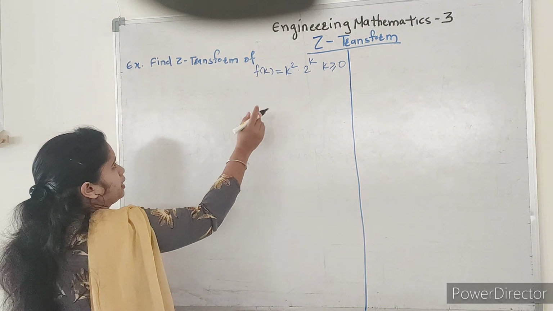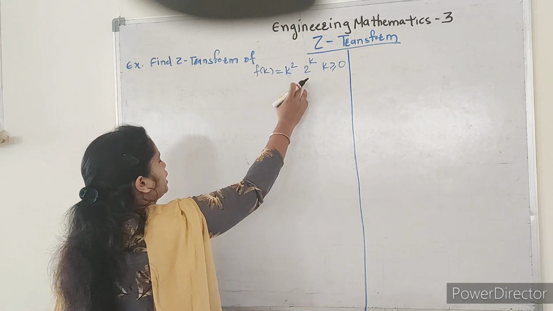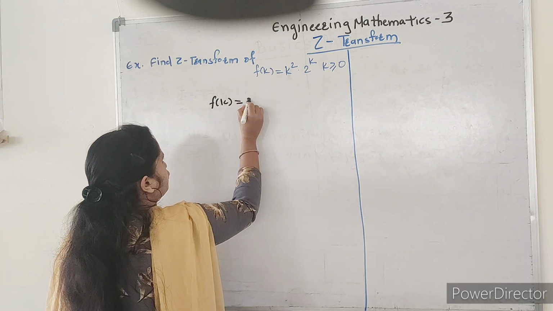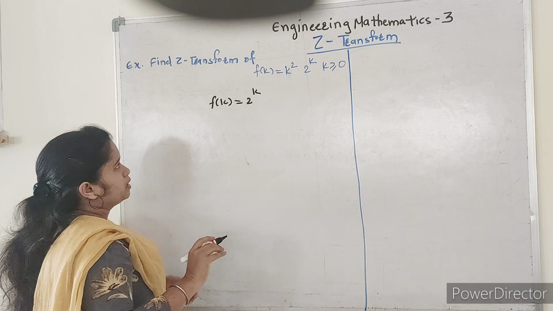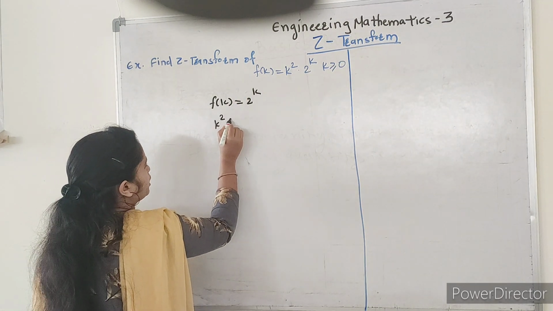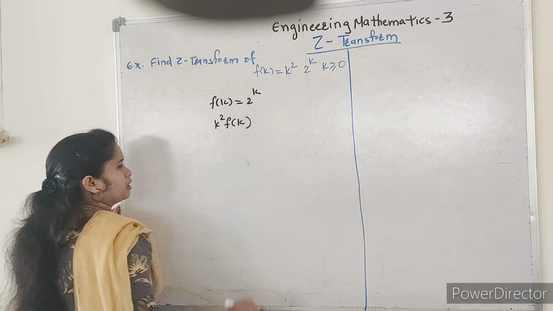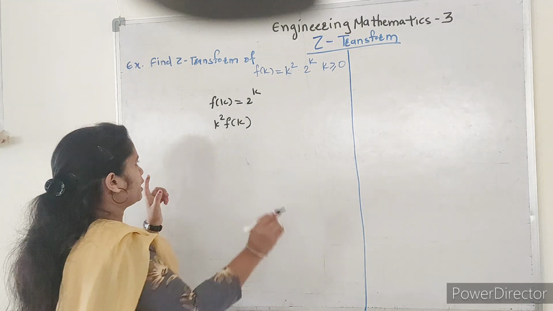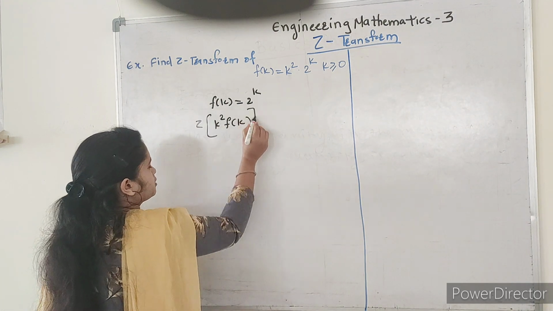If we consider f of k as 2 raised to k, then it is of the form k square into f of k, correct?